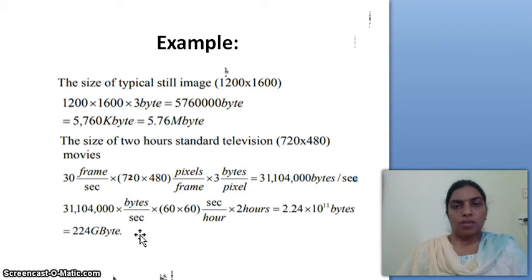Is it possible? How can all this be possible? In what way? Here compression plays a major role. Without compression, we cannot save the data memory. So that's why we should do the compression.